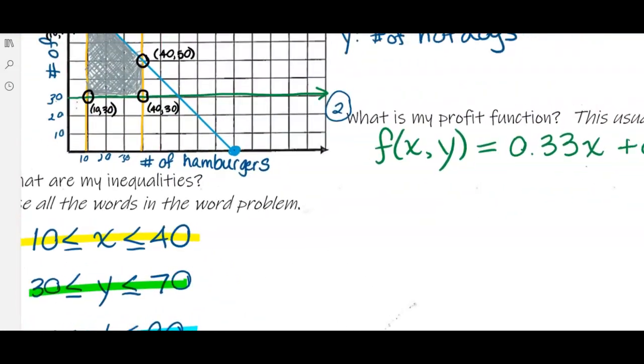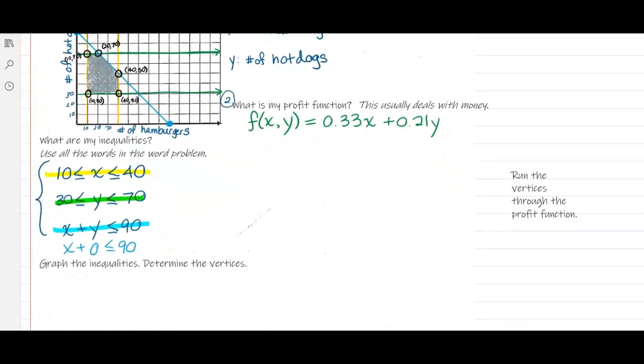So I want to take those 5 vertices and run them through my profit function here. So I'm going to write them out in a list. (10, 30), (40, 30), (40, 50), (20, 70), and (10, 70).